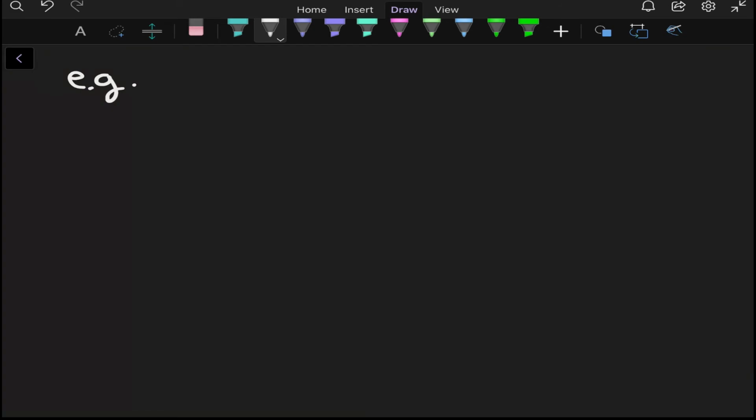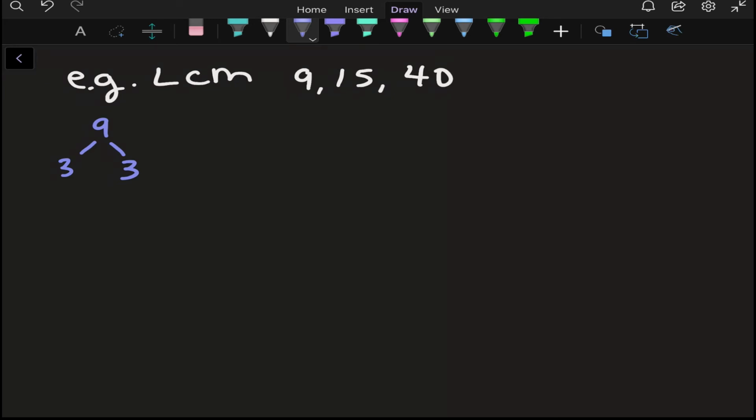And we can find the lowest common multiple then of 3 numbers. So 9, 15, and 40. Again, we're going to want to list the prime factorization. 9 is 3 and 3, and that's it. 15, 3 and 5, and that's it.